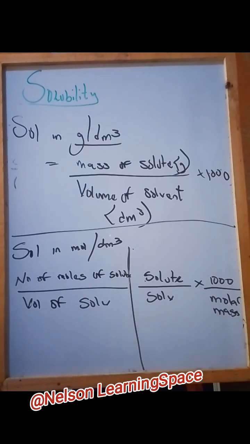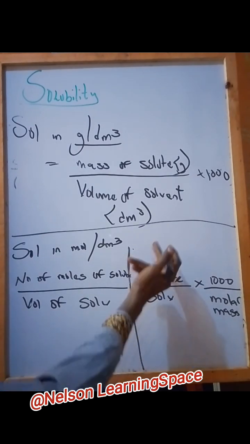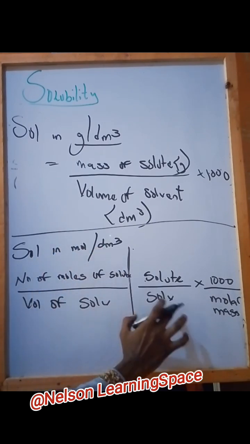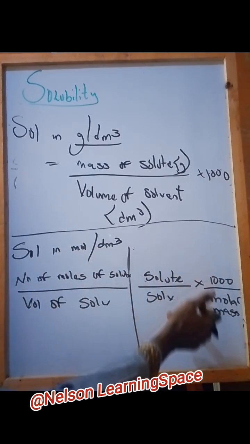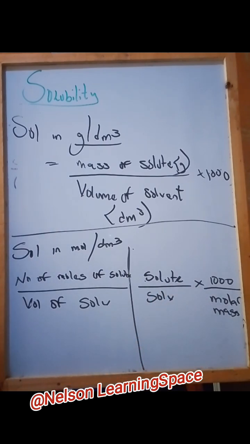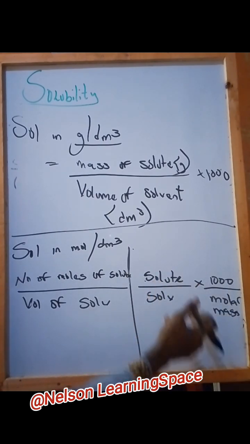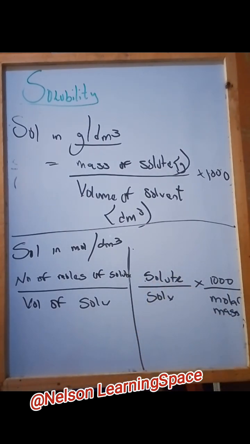I can use either of these two. It works. Just remember that your solute is always in mass. Your solvent in this scenario can either be in mass or in volume. Then 1000 over the molar mass of that substance, which is mostly the solute. Are you getting something here? So these are the formulas for solving solubility.